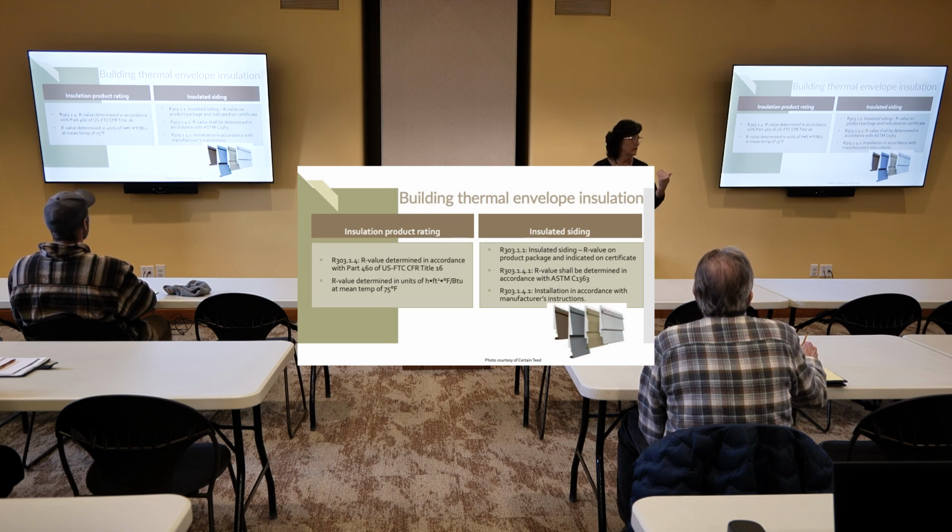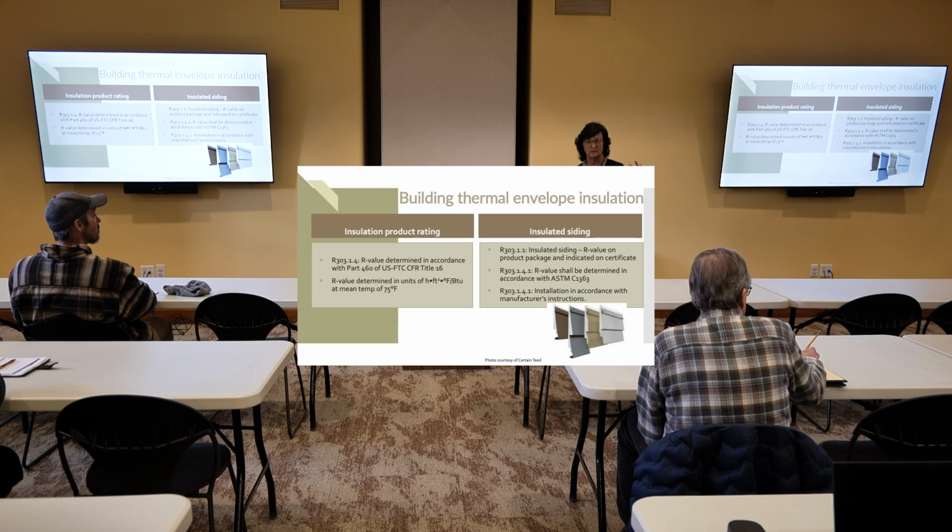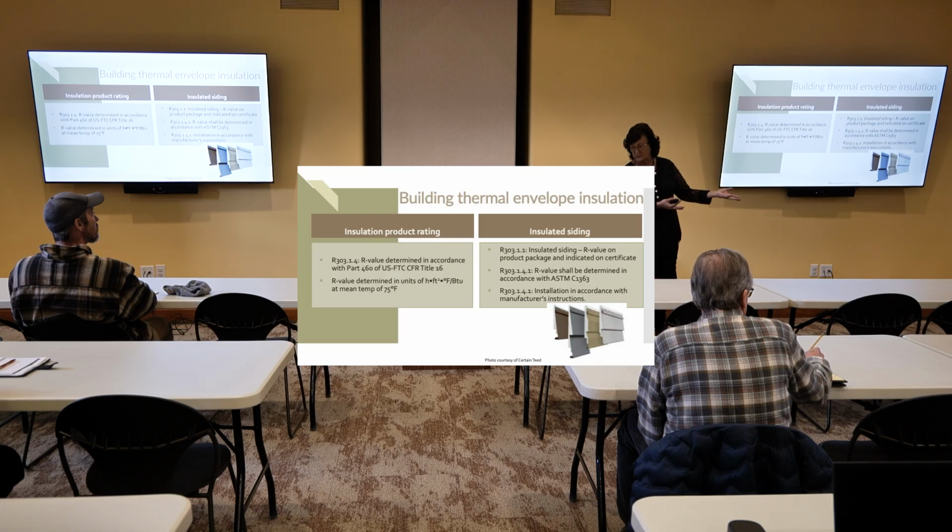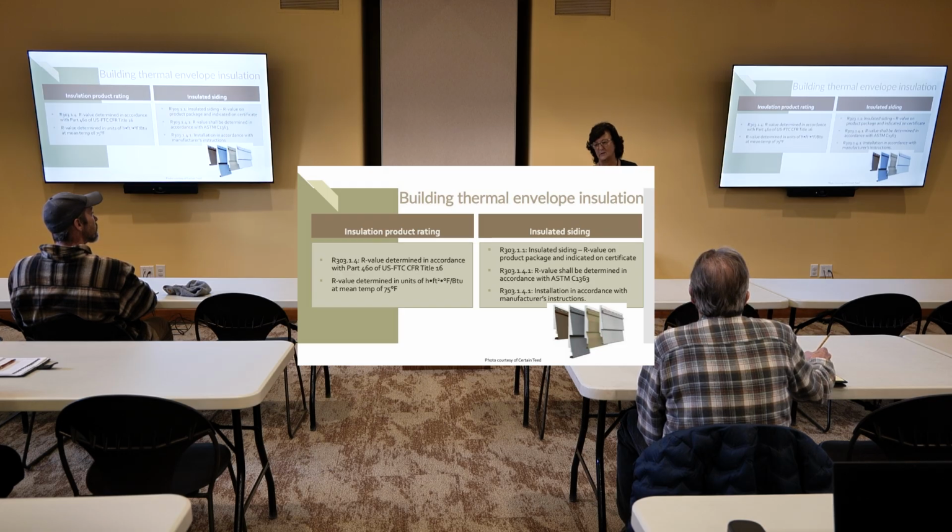Why do you care? Because if for some reason you want to propose an alternate design, it would be upon you to prove to the code official that you've met the intent of the code. When I used to teach, I would say there's this mushroom insulation that these guys made.